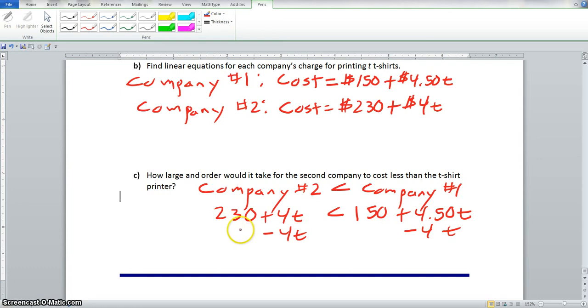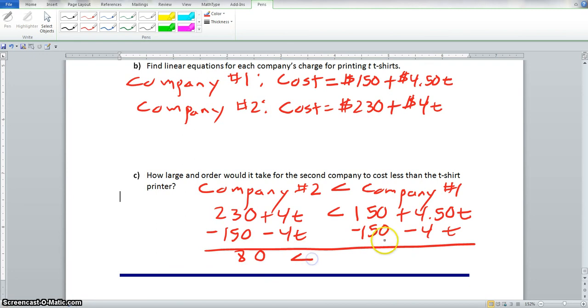And then we will also subtract 150 because we want to move all the numbers to one side and all the variables to one side. So now we would be left with 80 is less than 0.50t. Now we'll divide each side by 0.50. And we will have 160 is less than t.